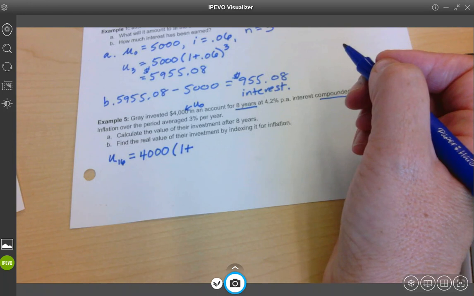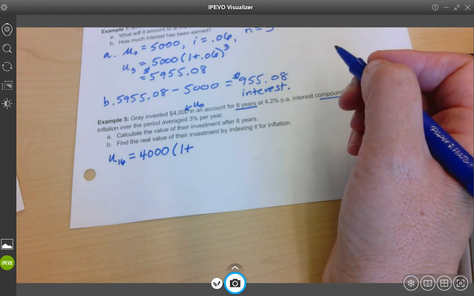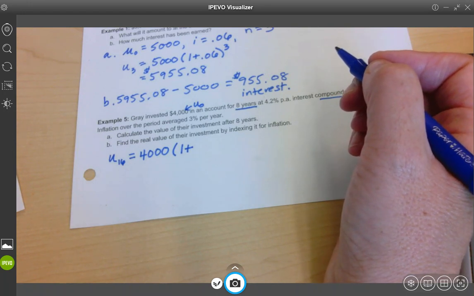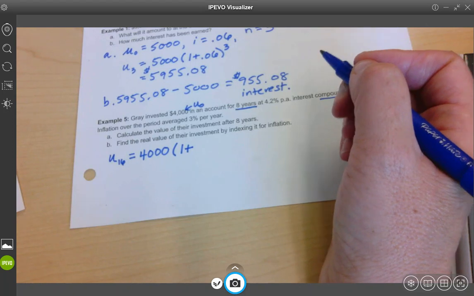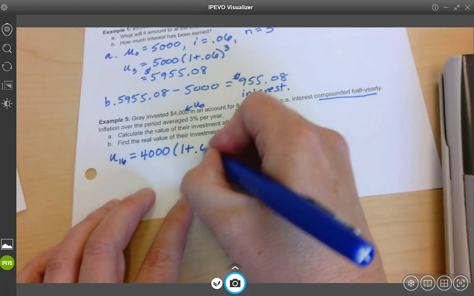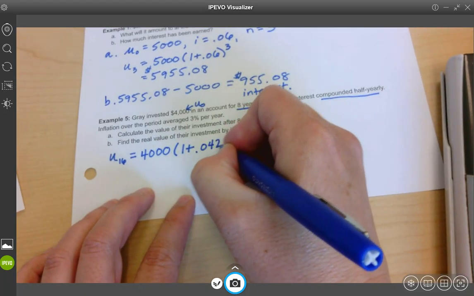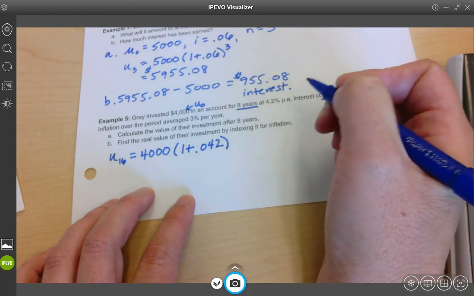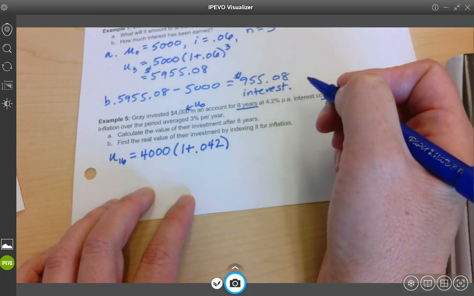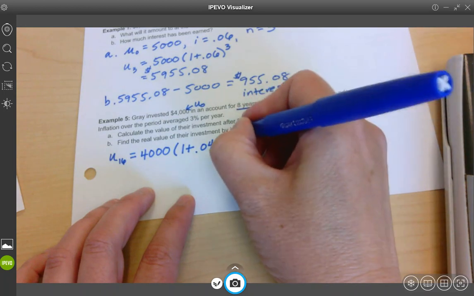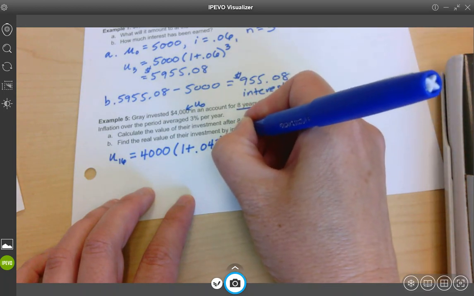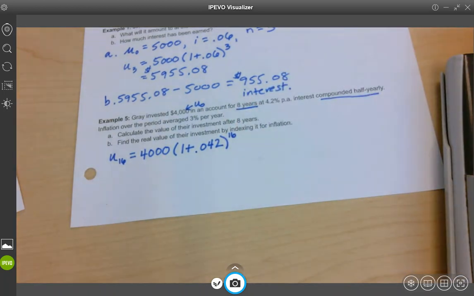I is the interest at 4.2%, but I need to make that a decimal, so it's going to be what decimal? 0.042. All right, and that is raised to the n, which is the number of compounding periods, which we said is 16. I'm going to pause there for questions.